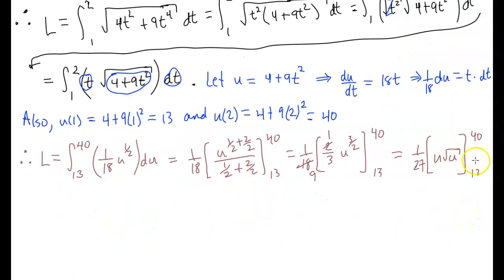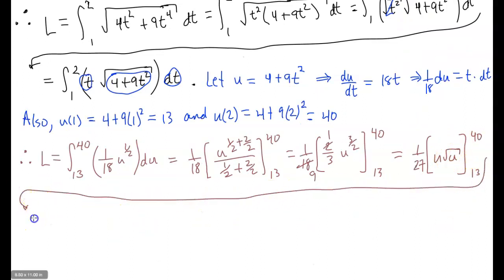And so now I'm just going to finish up here. So this will be 1 over 27. Substitute in 40 the first time, and then plug in 13 the second time, in for u.